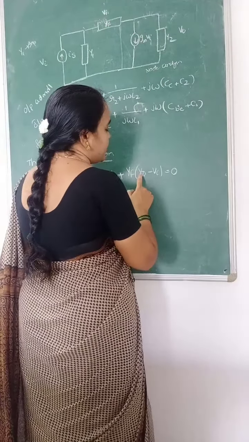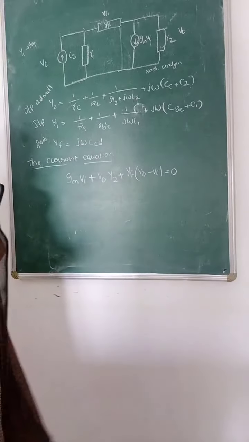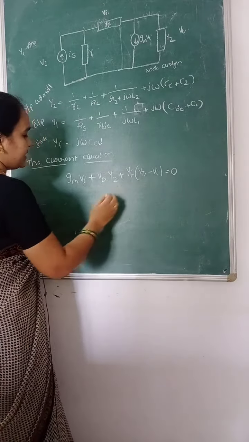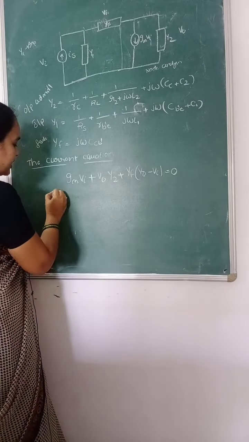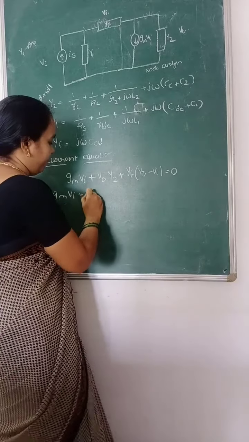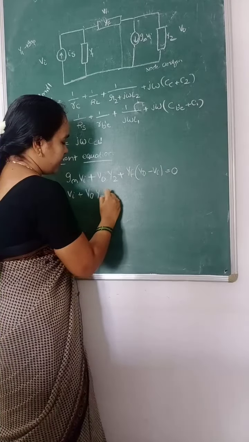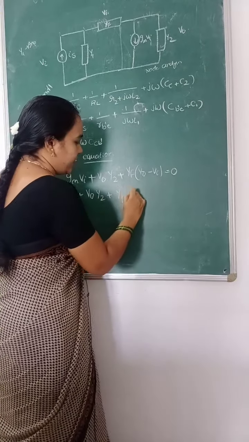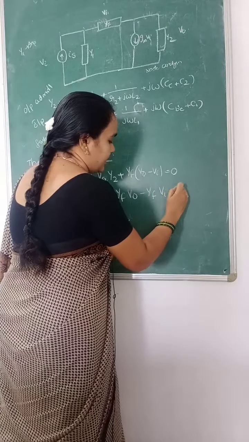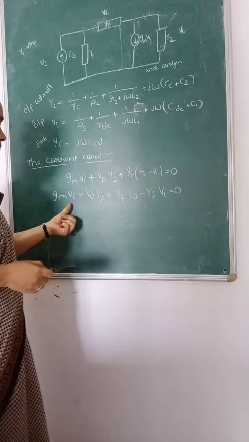Here the voltage is V0 minus Vi is equal to 0. So if you separate these Vi and V0 terms, that is Gm into Vi plus V0 into Y2 plus Yf into V0 minus Yf into Vi is equal to 0.